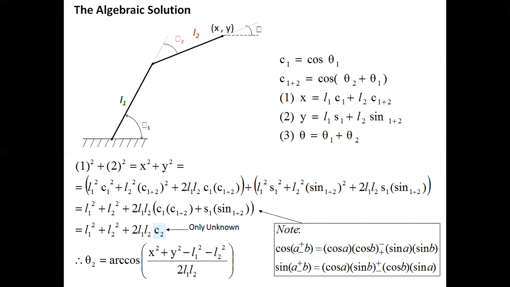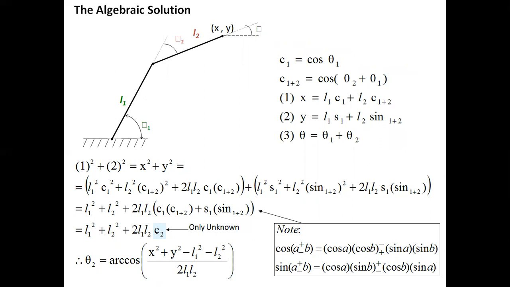If we take the algebraic solution, c12 is cos of theta 1 plus theta 2. From the equations, x is equal to L1 c1 plus L2 c12, and y is equal to L1 s1 plus L2 s12. Squaring and adding, a square plus b square plus 2ab, and when you simplify this, the unknown parameter remains, so we'll be finding the value of cos.